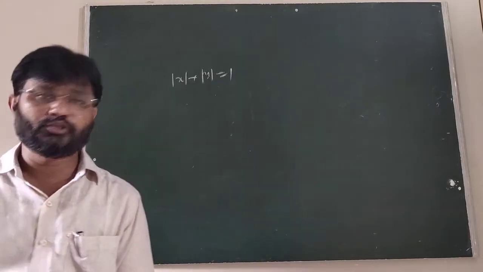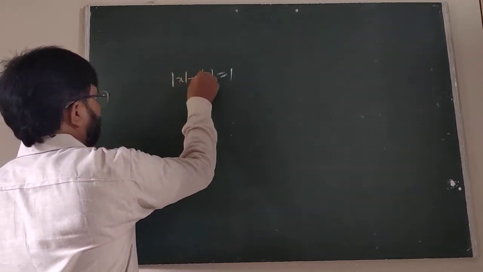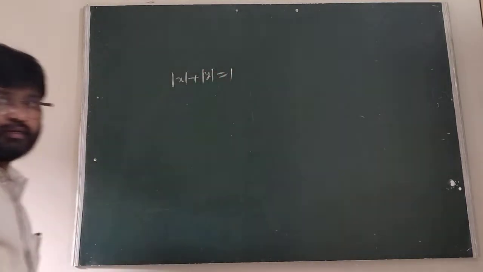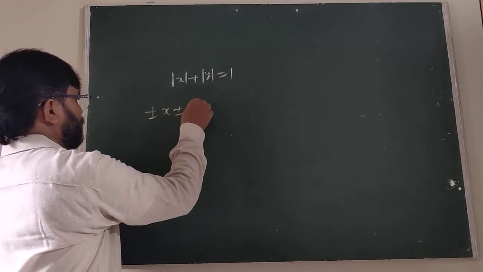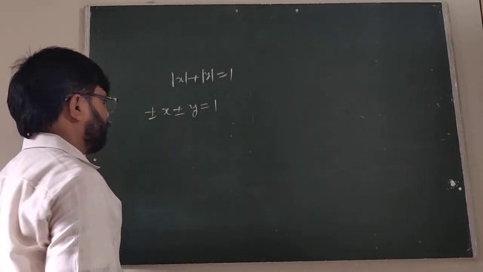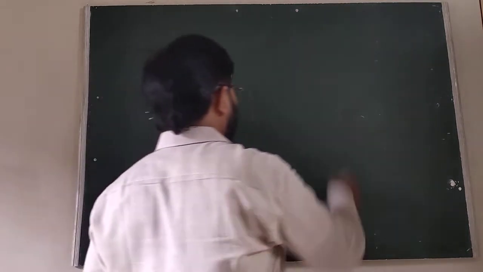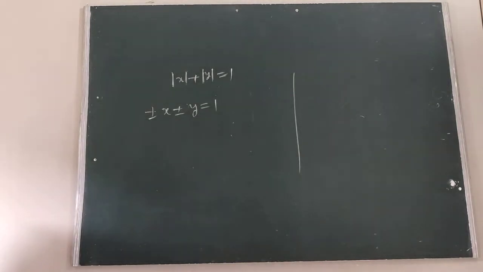Dear students, mod x plus mod y equals 1. Here it is plus or minus x plus or minus y equal to 1, so we get 4 lines. For mod x plus mod y equal to 1, we find the area enclosed.